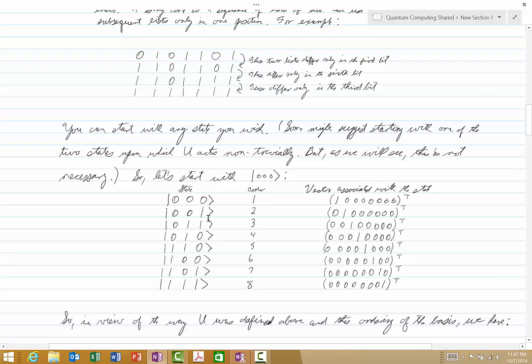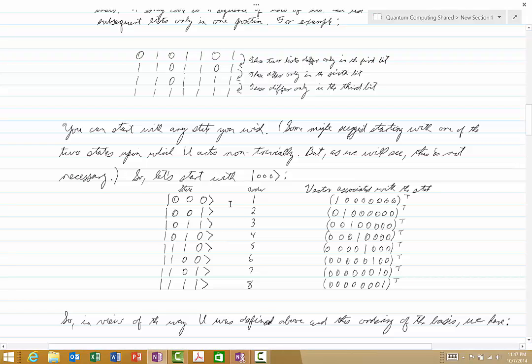But some of these other states are getting associated with vectors that are different from what we have in the usual case. For instance, 0, 1, 1 would ordinarily be associated with a vector having 3 zeros and then a 1 in the fourth location and then 4 more zeros.